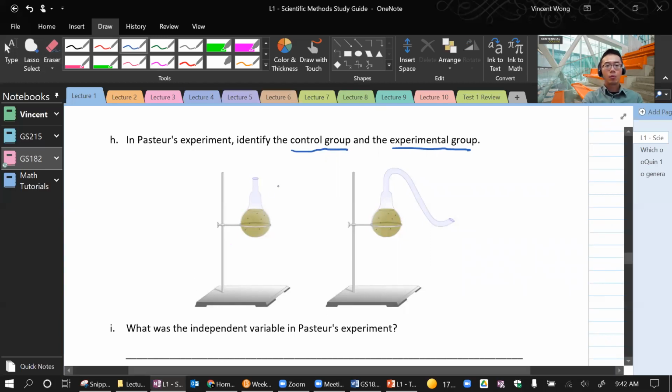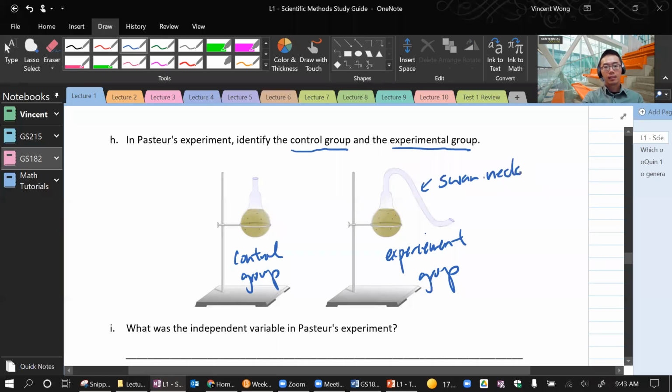In this case, it would be this one. So control group, no special neck. And this is the experimental group, and it has a swan neck tube, swan neck top, if you would.